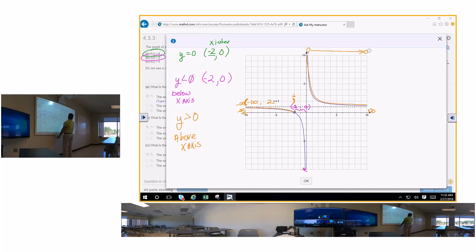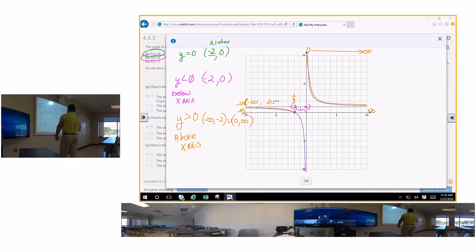So the orange is above the x-axis. That would be from negative infinity to negative 2, and then it's a union because they don't overlap, and then from 0 to infinity. And that's what I had the first time.